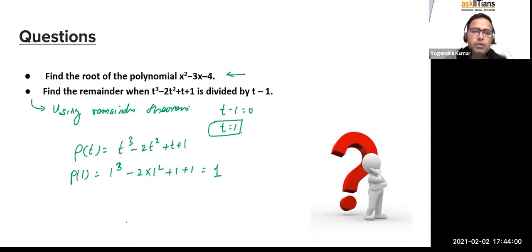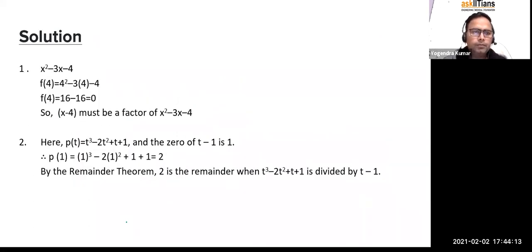We'll come to the root of the polynomial; we'll do it by the splitting middle term method. First we need to do this, and we'll come to the root of the first question later on. I hope it is clear. p of 1 is 1 here. We'll see this factor. First, as of now, you need to understand this.